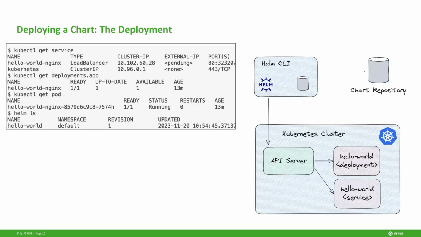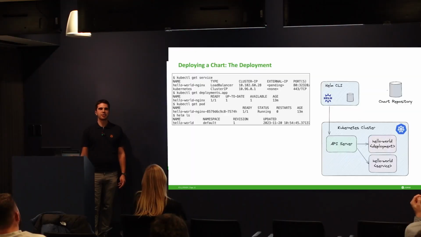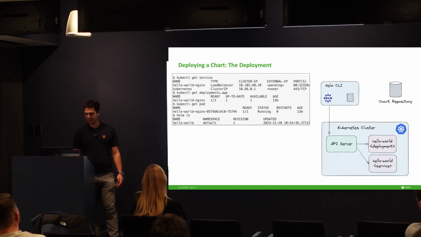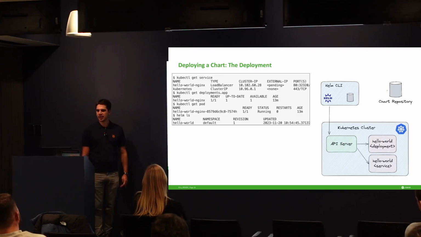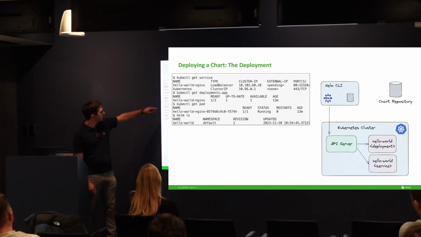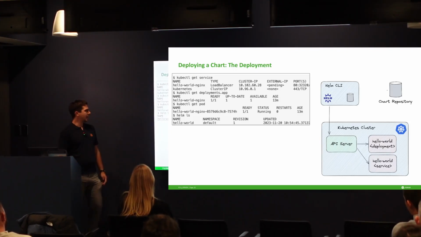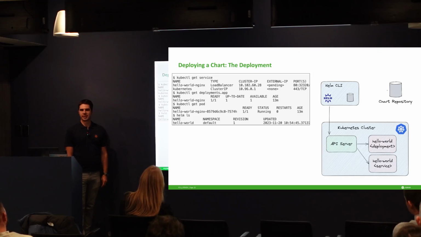Good. And then the last step is we can also look onto the cluster with kubectl and see, okay, did it really install? Yeah, we have our service, we have our deployment, we have our pod. And what's maybe new, if you didn't use Helm before, you can use helm ls to then also see the Helm release.